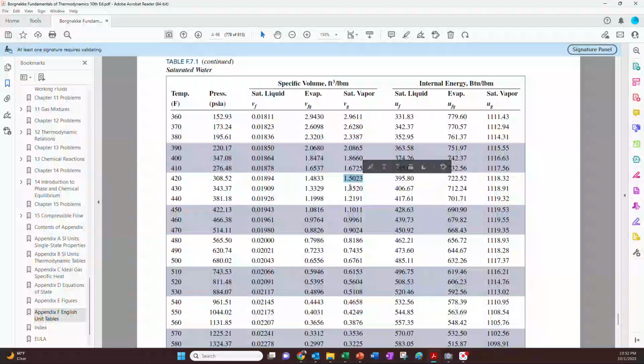We are looking for 1.575, and that looks like we found it. It's nearly halfway in between 410 and 420 in the temperature. For the English units, we don't have an index by pressure. All we have is the temperature.